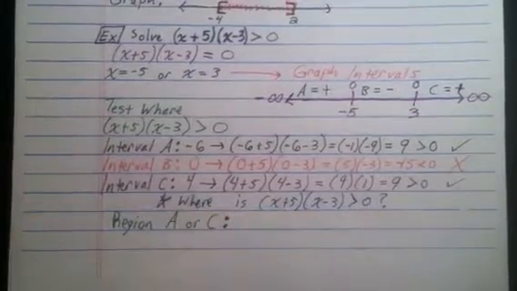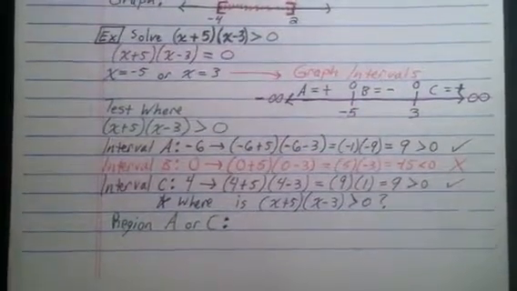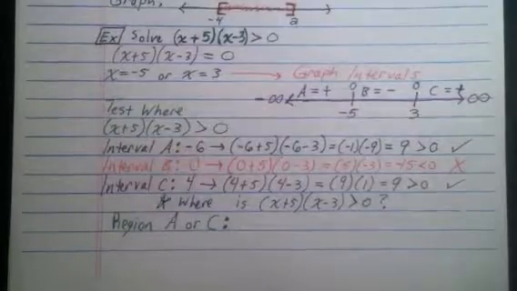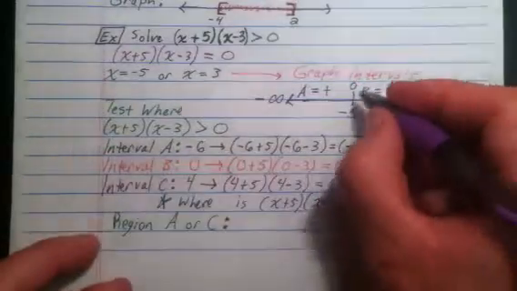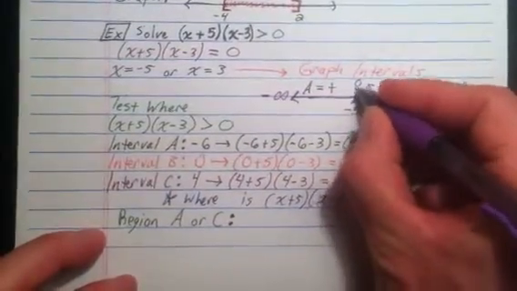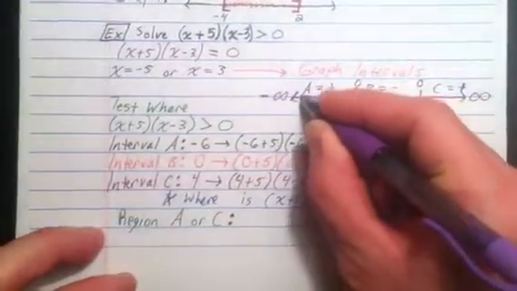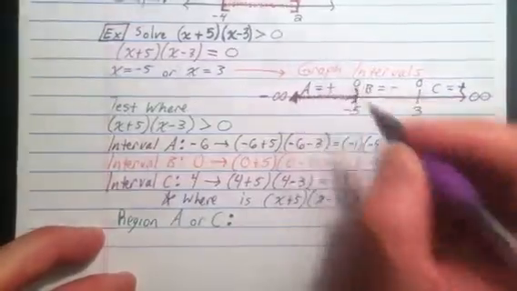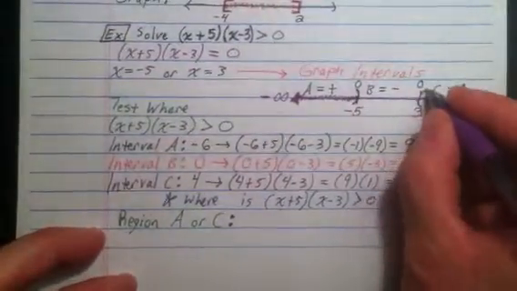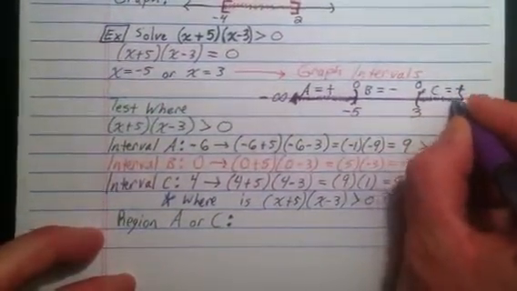So we have to write that in interval notation. This is strictly a less than symbol. So we are going to end up having parentheses from negative 5 to the left and from positive 3 to the right.